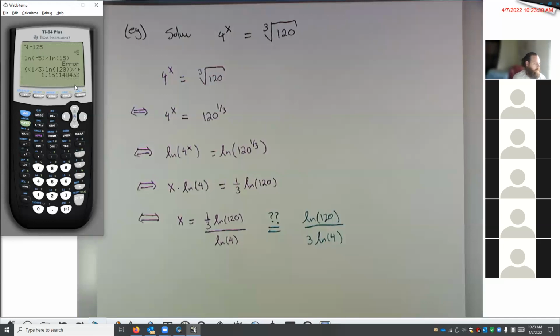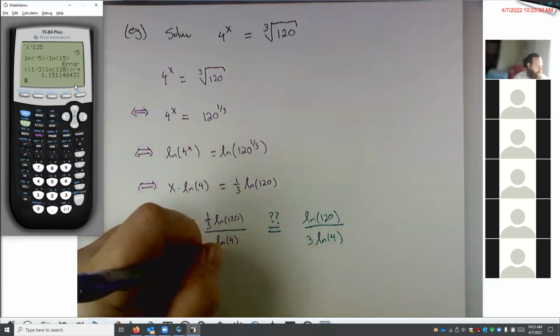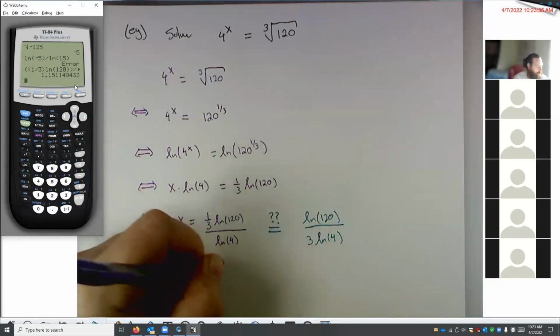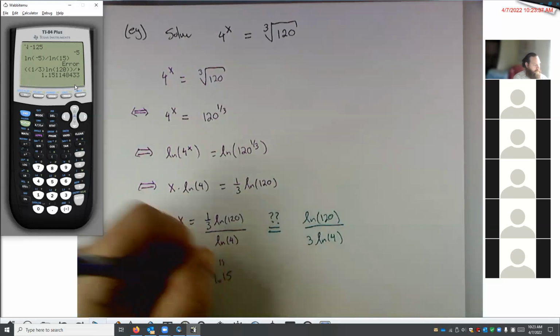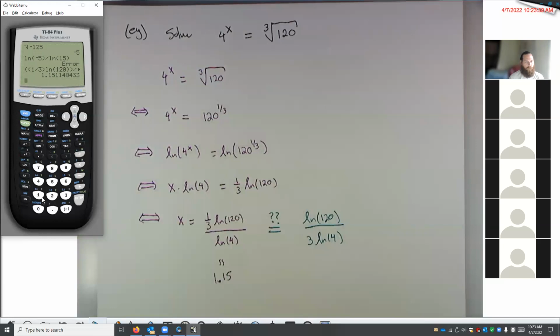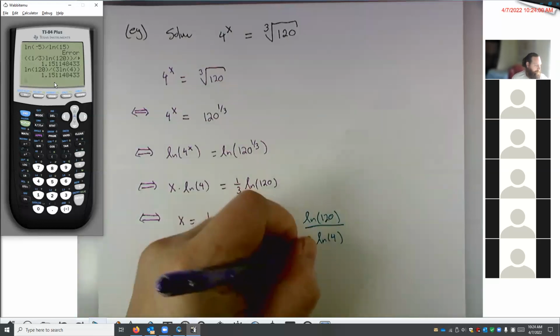This looks like it's about 1.15. And on the other one, I can take the natural log of 120, close paren, divide. We have to open up parentheses here because the downstairs is 3 times the ln of 4. We want to make sure that all stays in the downstairs. So open parentheses, 3 times ln 4, close, close. And we get the same thing.